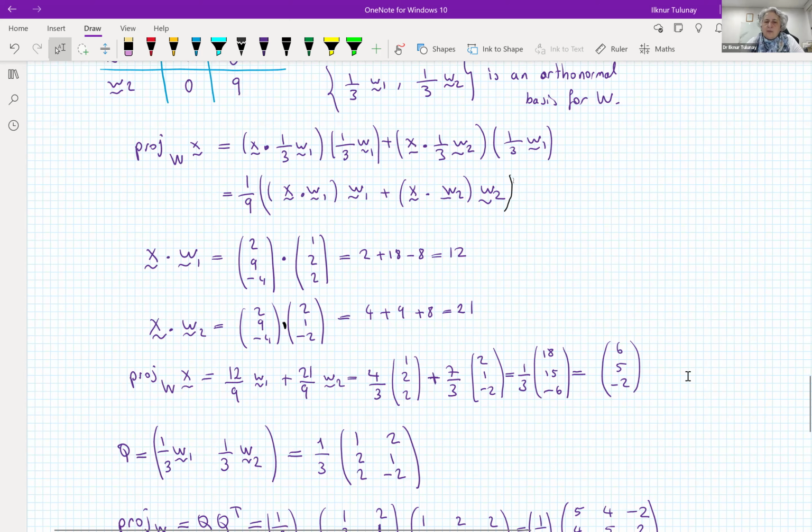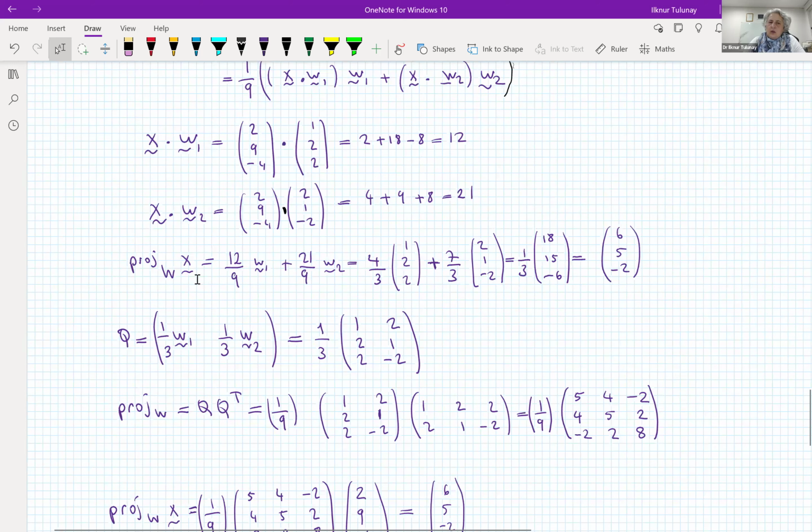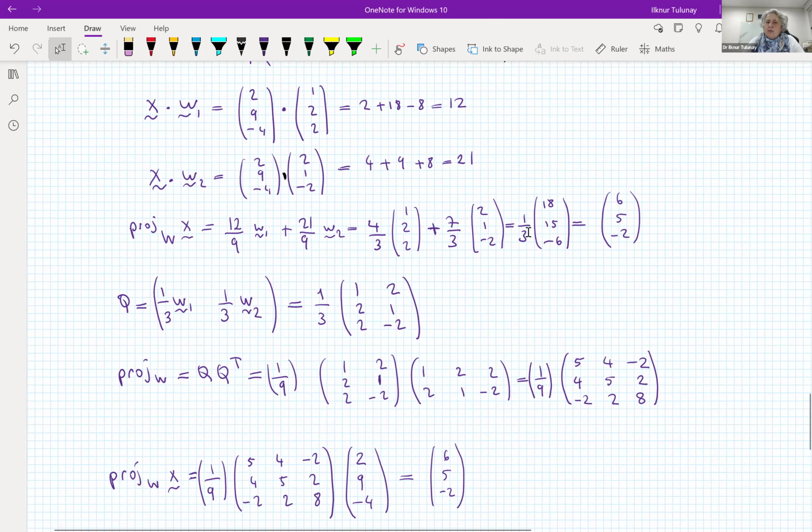Okay, now we could do this by constructing the matrix. So the Q matrix will be 1/3 W1, 1/3 W2. These vectors give us the orthonormal basis. And this is 1/3 of 1, 2, 2 and 2, 1, minus 2. If you take this transpose and multiply it by itself, so 1/3 from itself, 1/3 from the transposition, sorry.